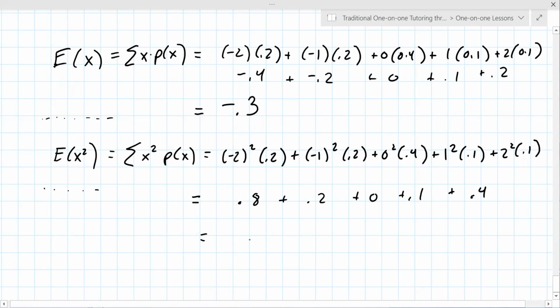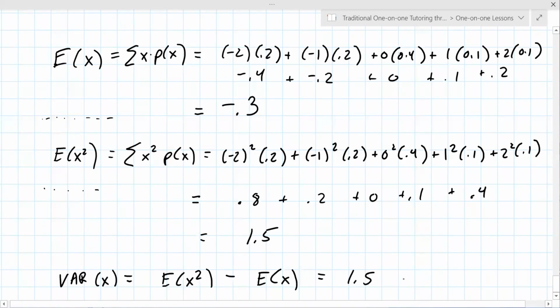So I get 1.5 for that. Your variance of X is the expected value of X squared minus the expected value of X, squared. That's why you had to find these two values. It's 1.5 minus -0.3 squared.